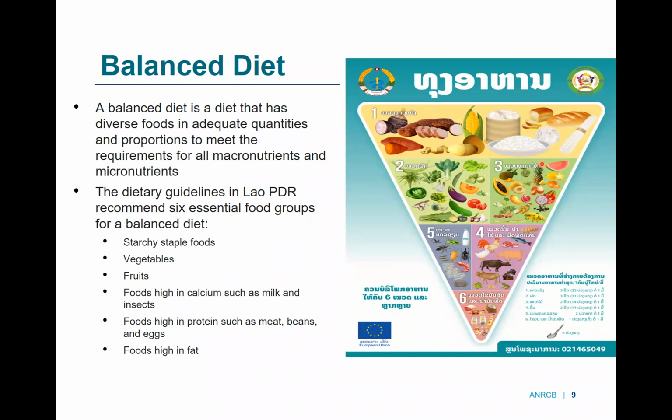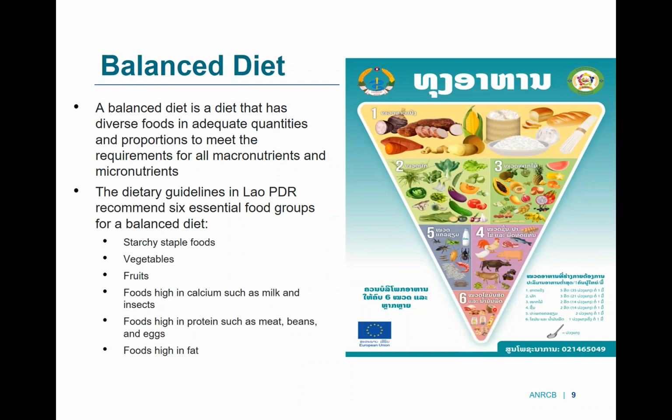as we can see here, these starchy staple foods, vegetables, fruits of any kind, foods that are high in calcium, so thinking of milk, or certain kinds of insects, foods that are high in protein, animal foods of various kinds, or eggs, or beans, meats, and then foods in smaller quantities that are high in fat.